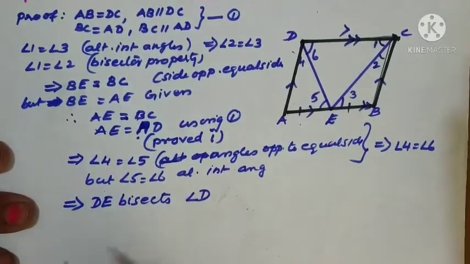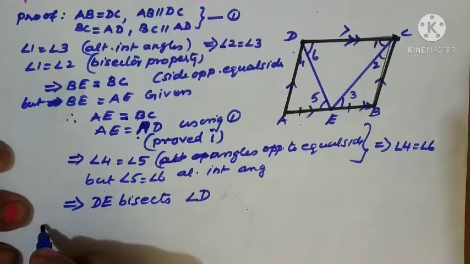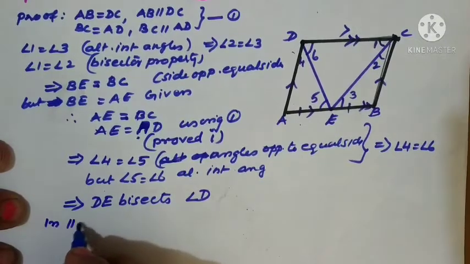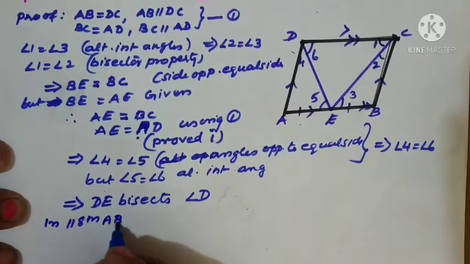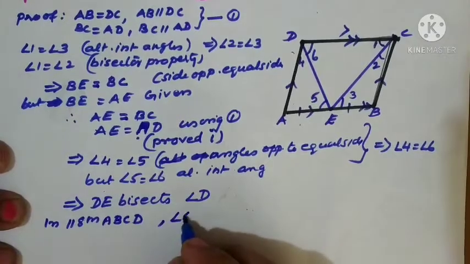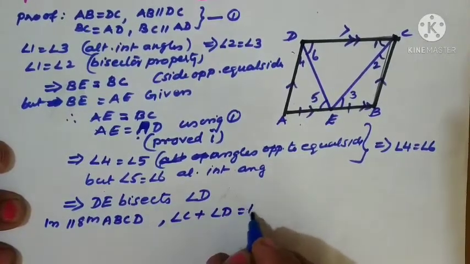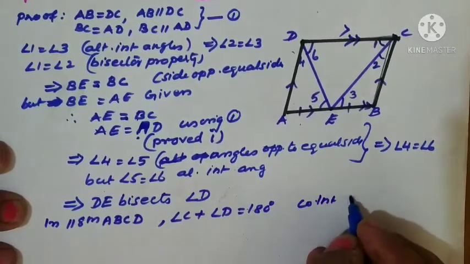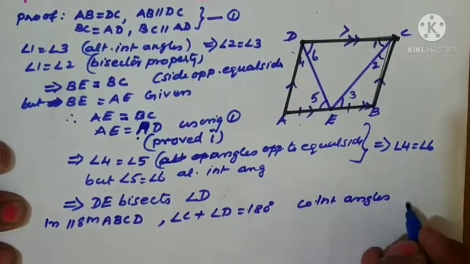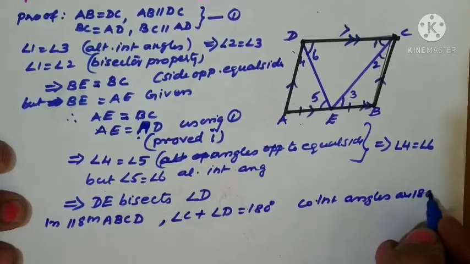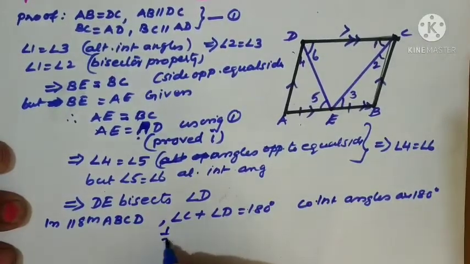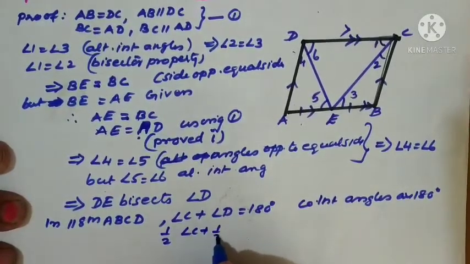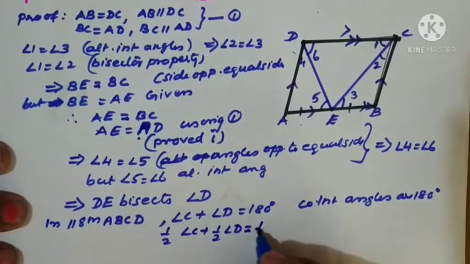Now again we are applying the parallelogram property. In parallelogram ABCD, we can write angle C plus angle D equals 180 degrees, co-interior angles. Half of angle C plus half of angle D equals half into 180.